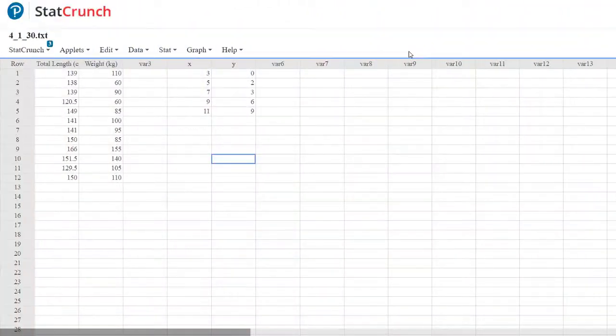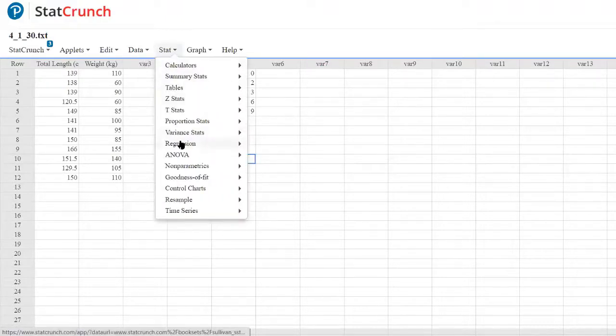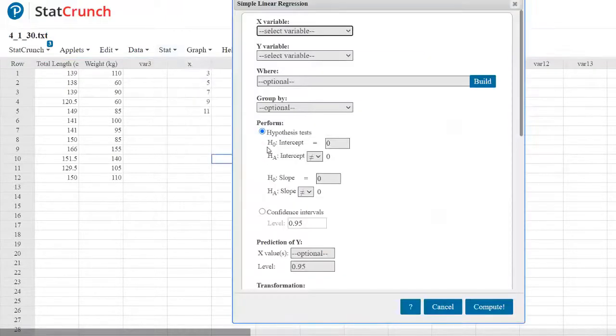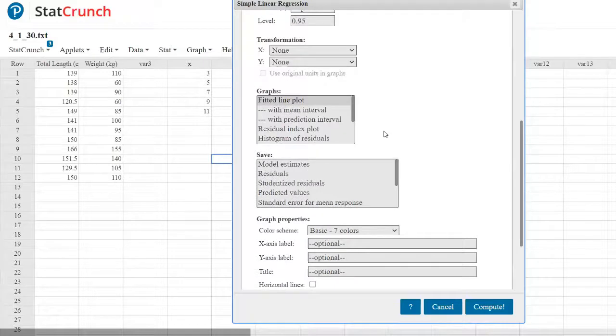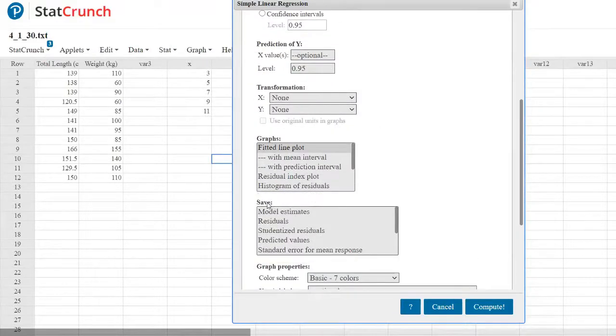So I'm back to StatCrunch. Again, I have my Bear data in these two columns. When I do Stat, Regression, Simple Linear, I choose the X variable and the Y variable. There's nothing new here. Among the options in this list, one option is that I can save the residuals.